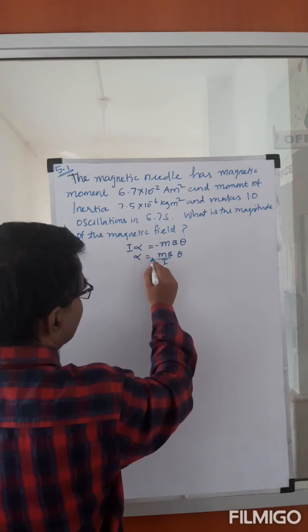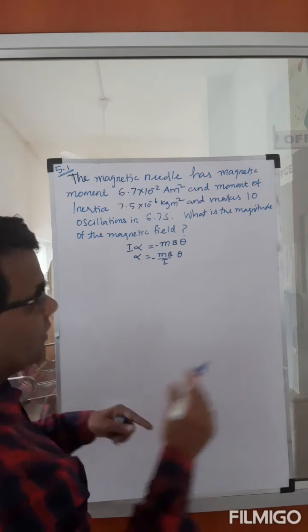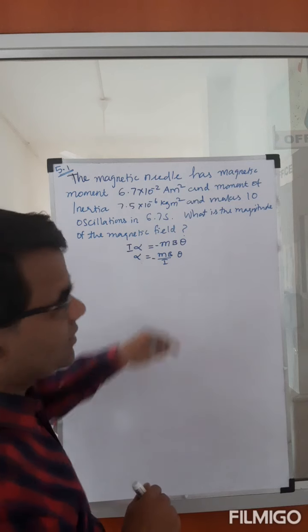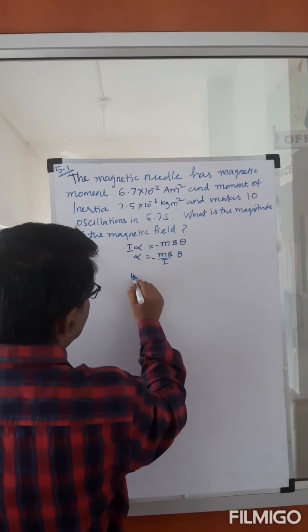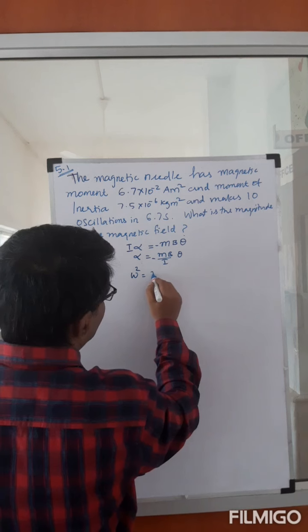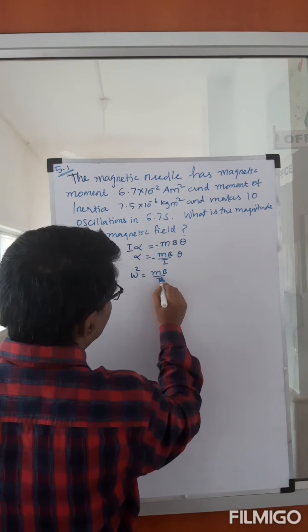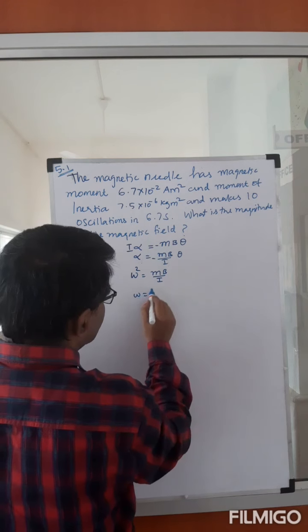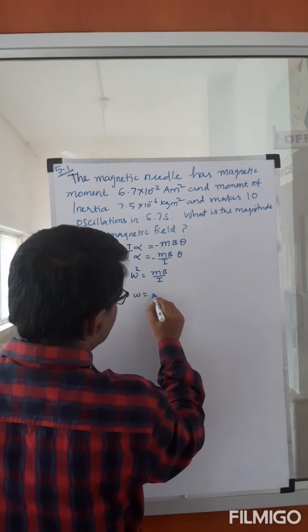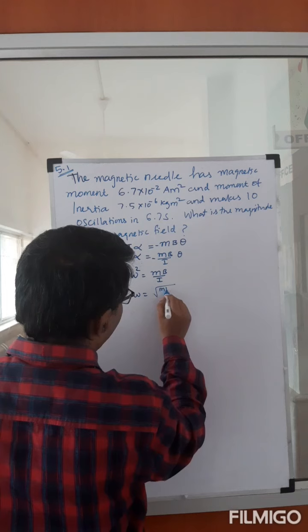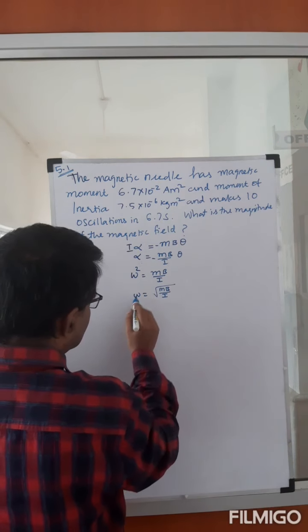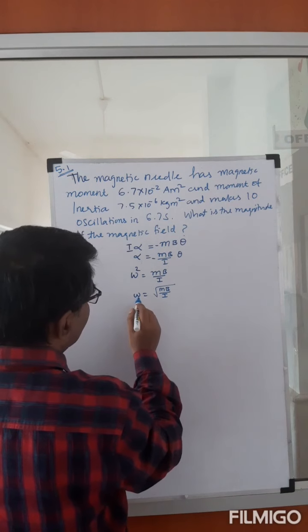Rather, it's minus really, it's a restoring torque. So omega squared is equal to m b by I. So omega is equal to square root of m b by I.